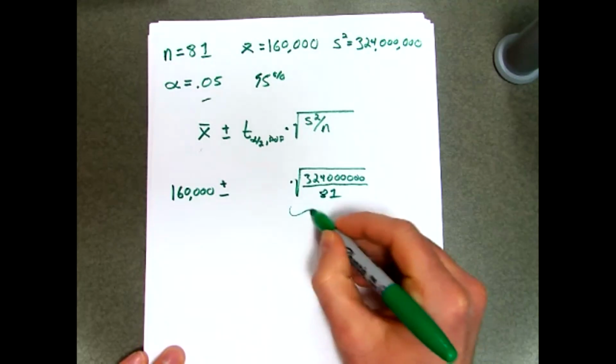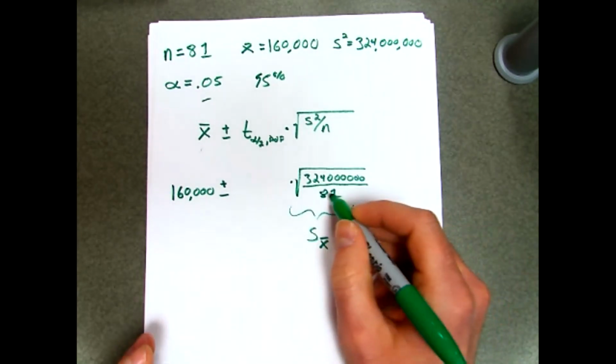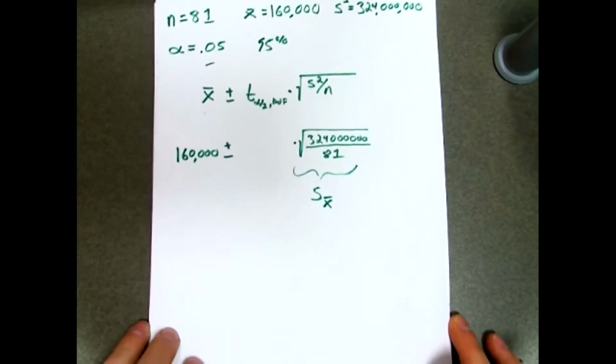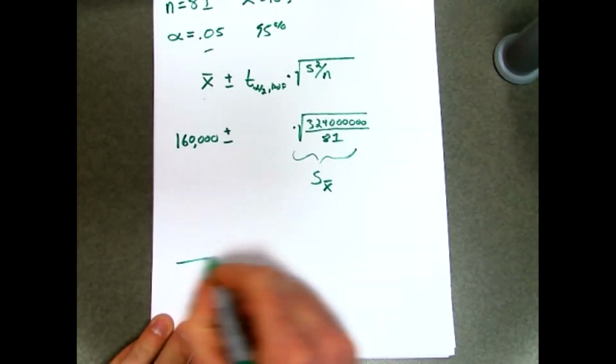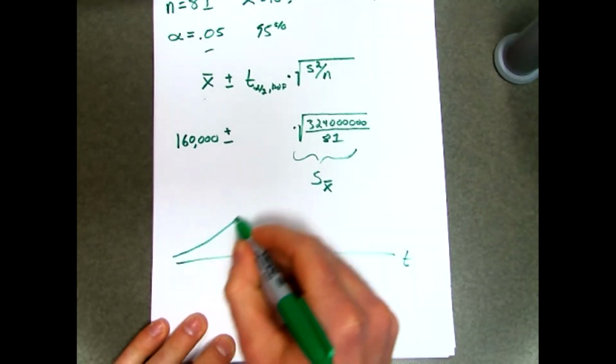And now remember, this represented the standard deviation of my sample means. So I could calculate this ahead of time and then just plug one value in there, maybe make my life a little bit easier. So the next step is going to be, I need to find that t-value. So the last piece that I need.